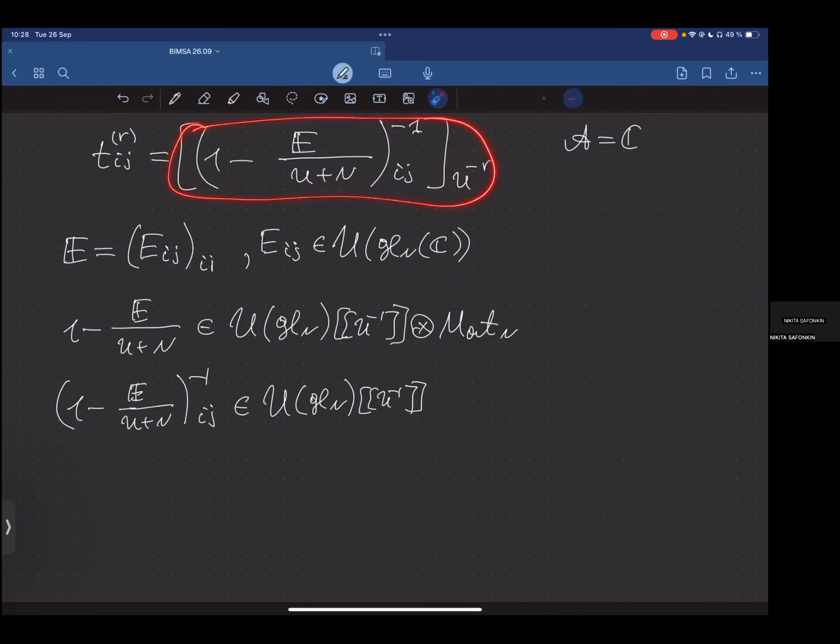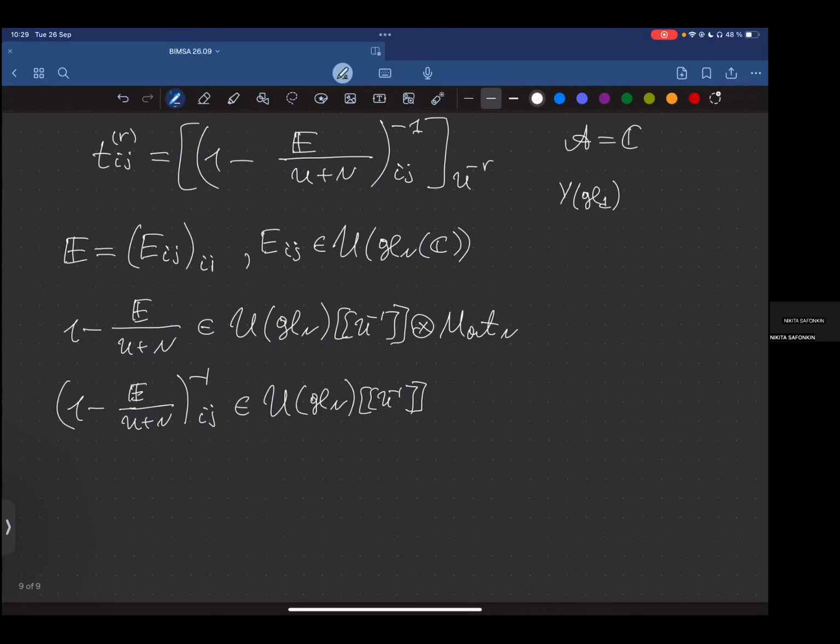And this element is just Tij of r. So the main thing that I would like to say here is that the Yangian of GLD, as a subalgebra of this projective limit, is generated by these elements.